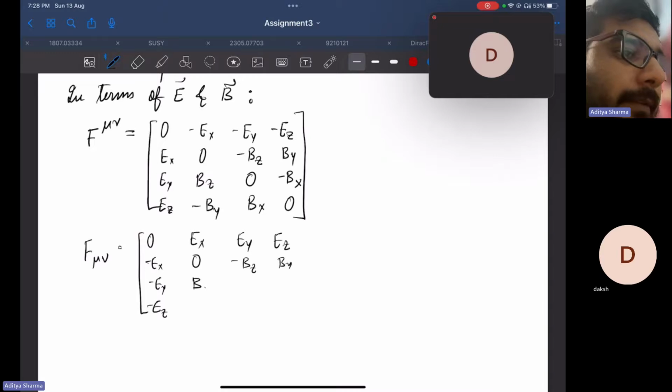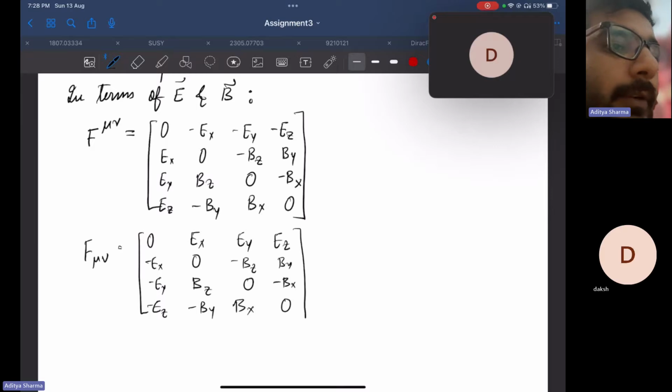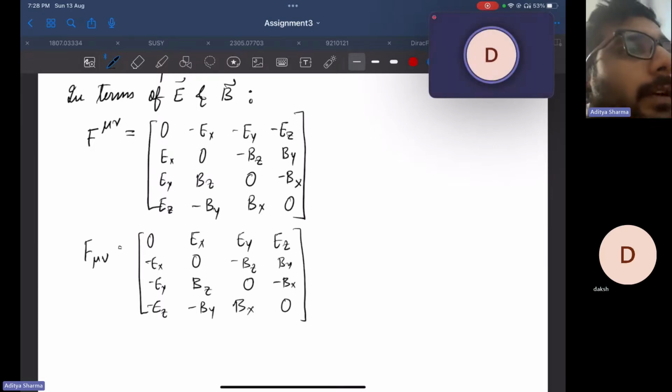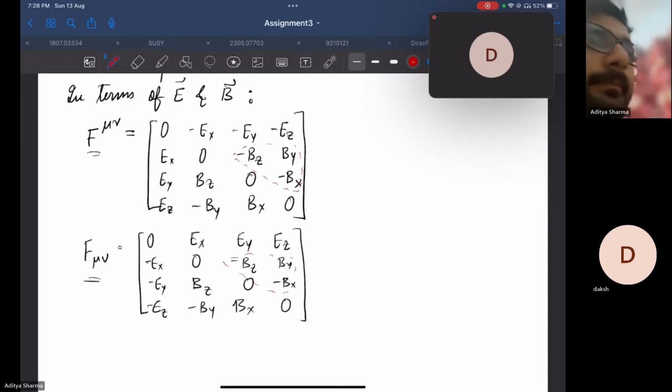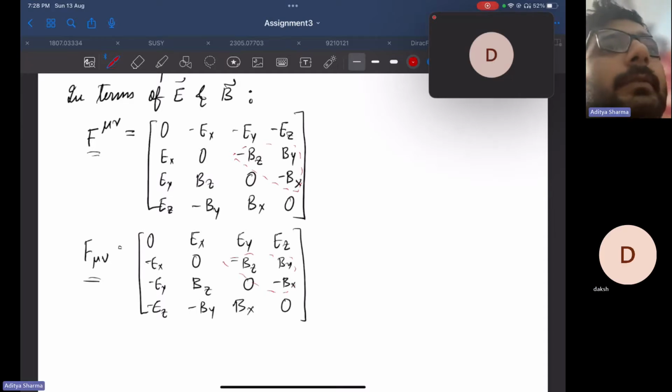This is Bz, 0, minus Bx, 0, Bx, minus By. So look, this term is not the transpose of this term, because look at this part clearly. This part, this and this, they are same.